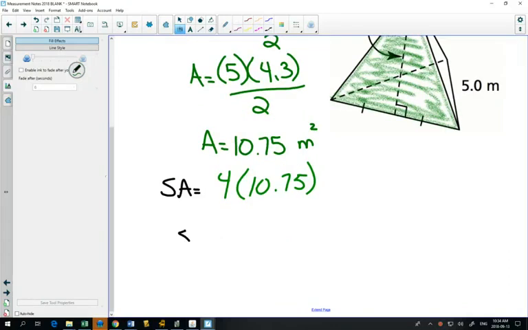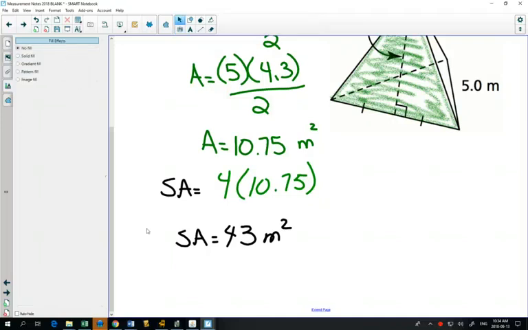And our surface area, okay, someone double check my mental math. It's good? All right. 43 meters squared.